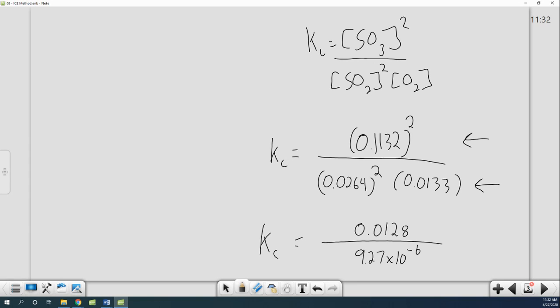So to do this, I type in my calculator 0.0128 divided by, and here's the important one, guys, divided by open brackets, 9.27 times 10 to the power negative 6, close brackets, equals.